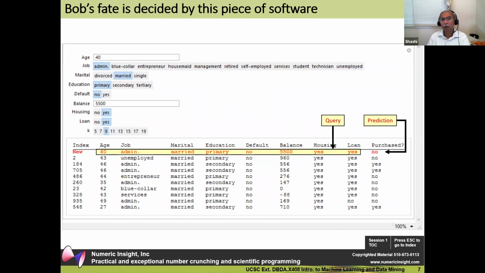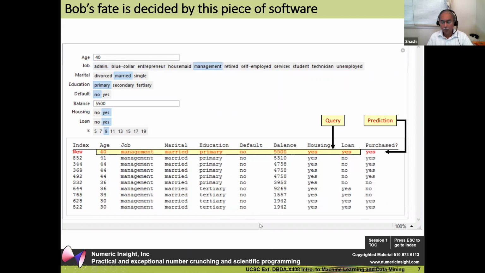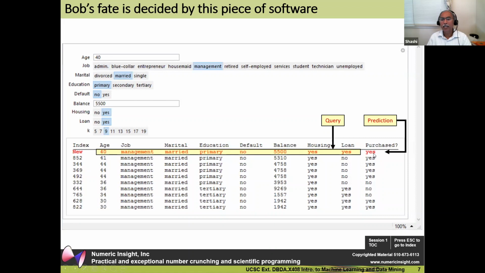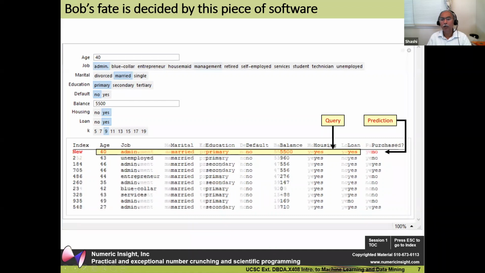Okay, now just to give you a sense that this is a real life application which really works. In fact, I had a role in creating a similar system. I'll show you, if Alice decides to play with this a little bit and see what happens. You can see here, if the job description changes from admin to management, you can see that the prediction changes from no to yes.